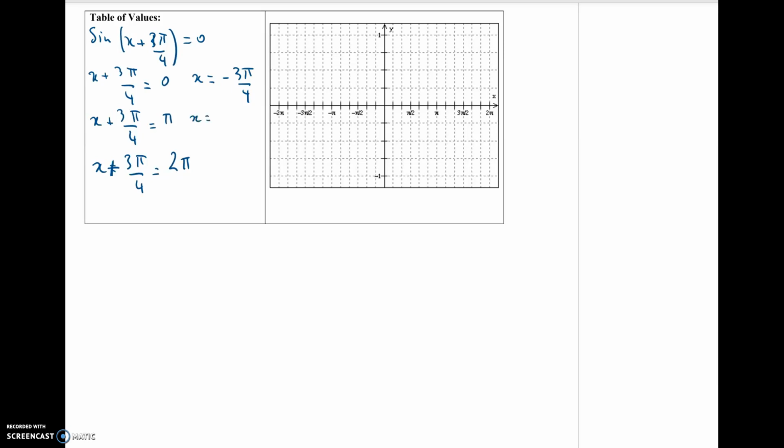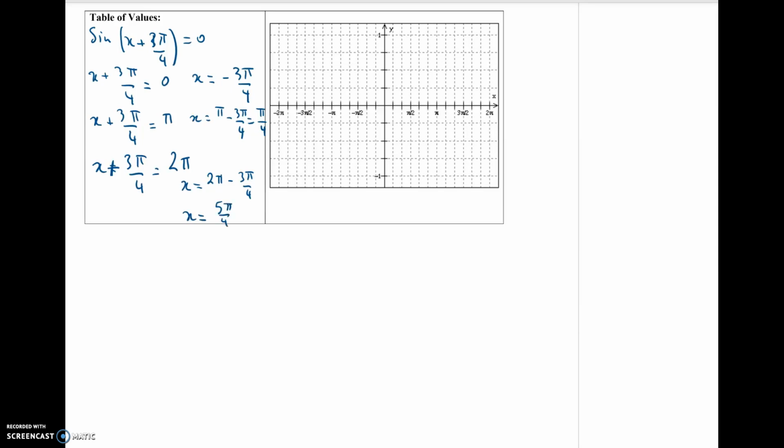When x is equal to pi minus 3 pi over 4, which is pi over 4, I will have the sine of my angle x plus 3 pi over 4 equal to 0. And for the last one, x will be equal to 2 pi minus 3 pi over 4, which is x equals 5 pi over 4.